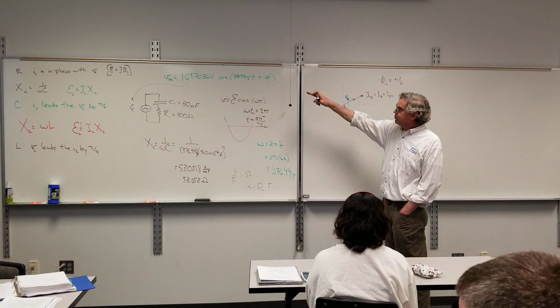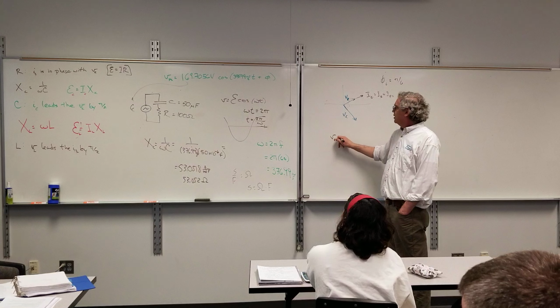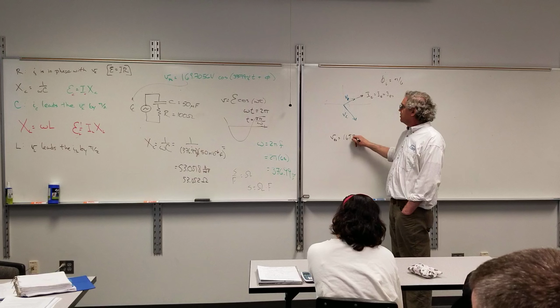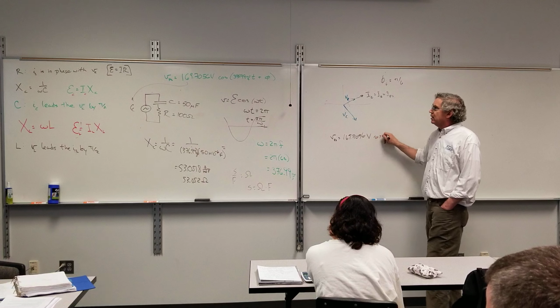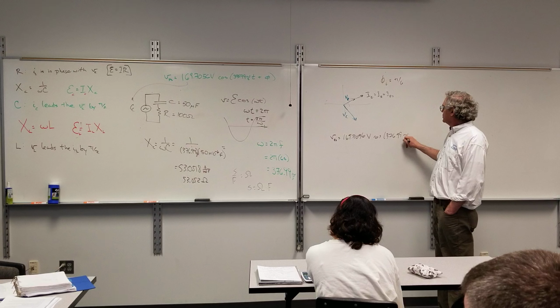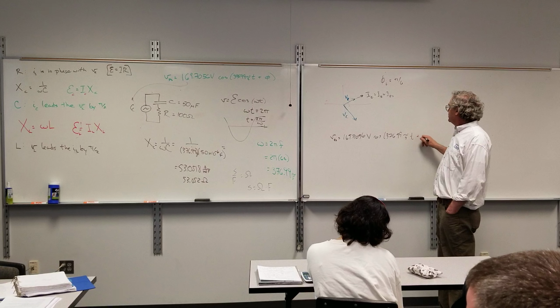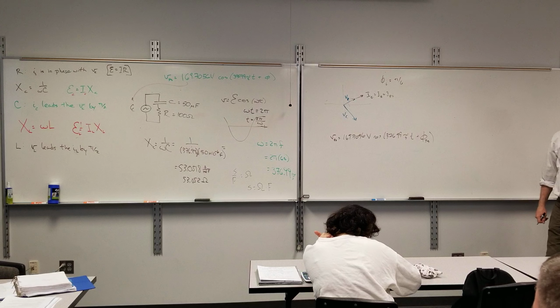All right, so I have voltage for the power supply: 169.7056 volts, cosine of 376.99 radians per second times time, plus, I don't know what phi is yet for the power supply.